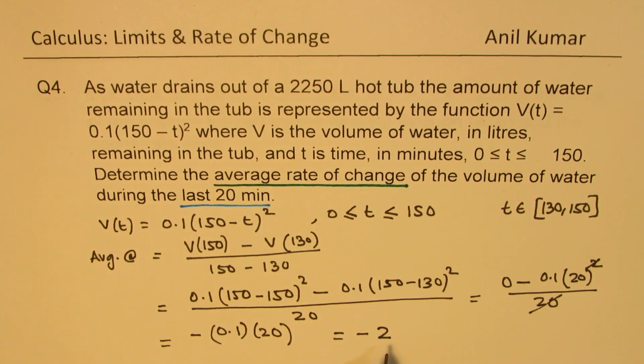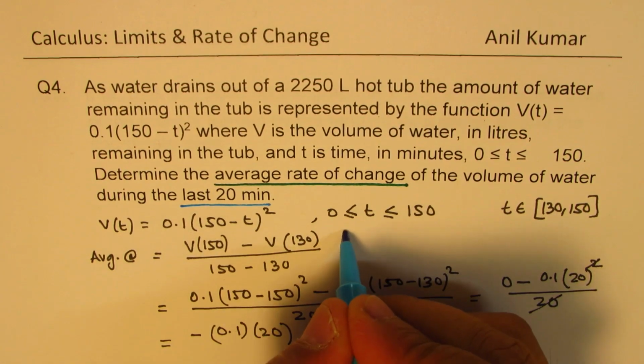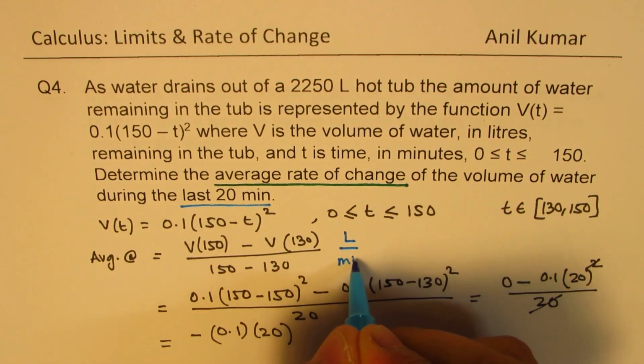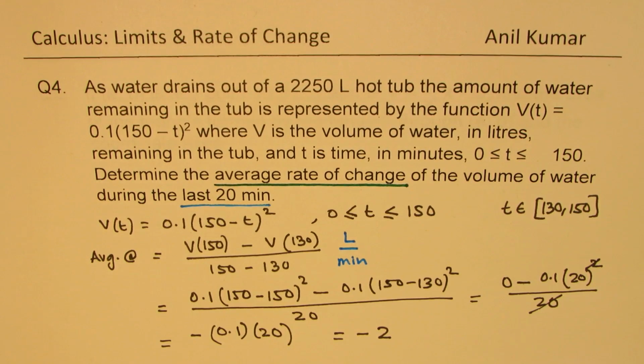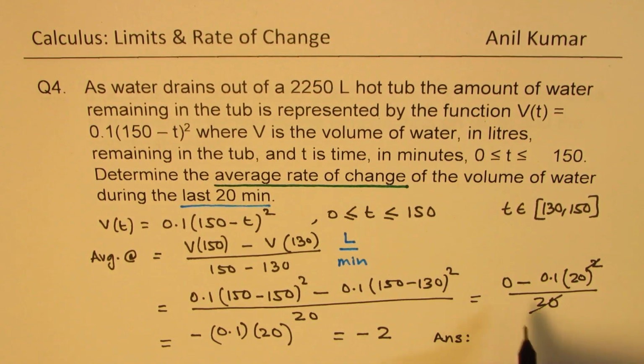And what are going to be the units, right? So when we are saying here, volume is in liters, see? Volume is in liters and this is in minutes, correct? So we have to include our units in the answer. The answer here will be, it is decreasing, right? So minus means decreasing.